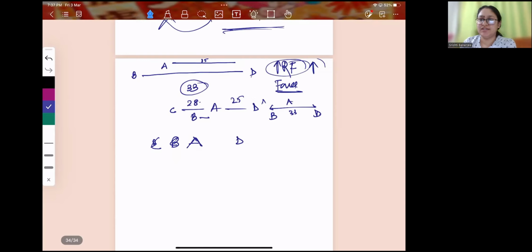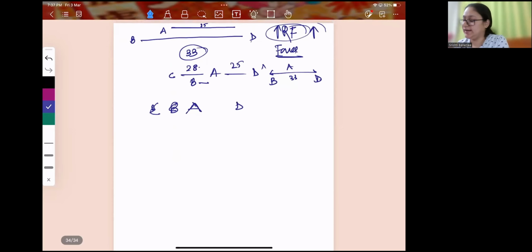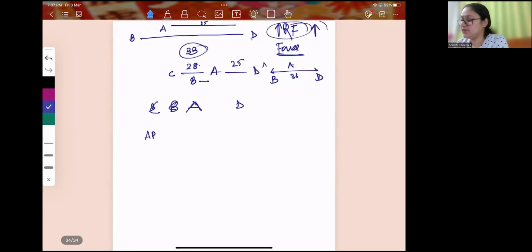Yes. So the question was on linkage mapping and determining the sequence on the chromosome. It said A and B are at a distance of 8 map units. Similarly, A and C have a distance of 28, A and D 25, B and C 20, B and D 33.